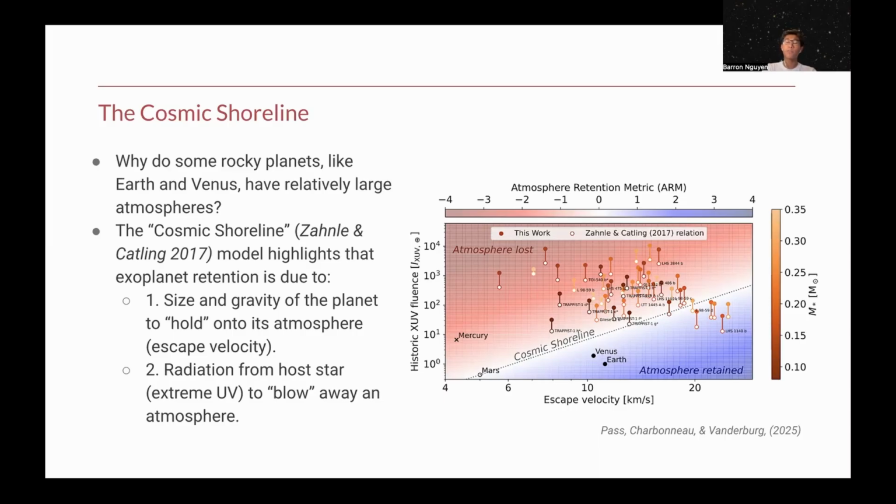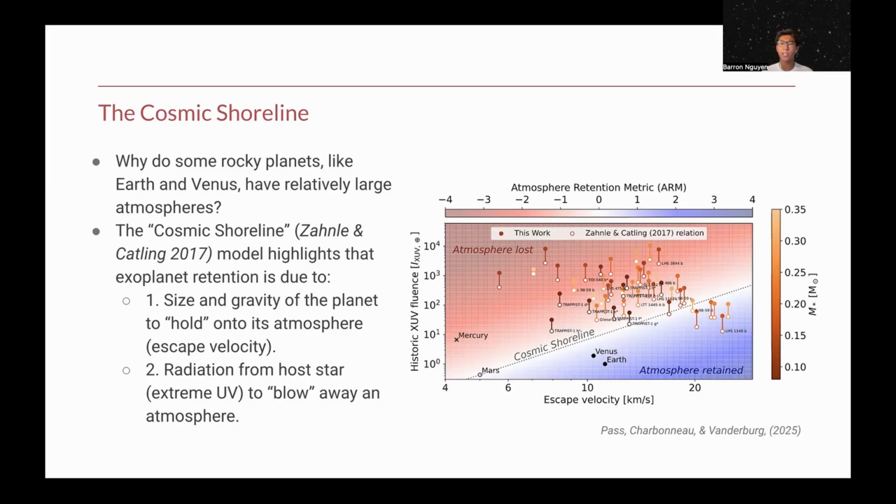Of course, there are a lot of other atmosphere replenishment and atmospheric loss mechanisms. So the idea is just to view it as a quick, rough first estimation of an atmosphere on another planet.